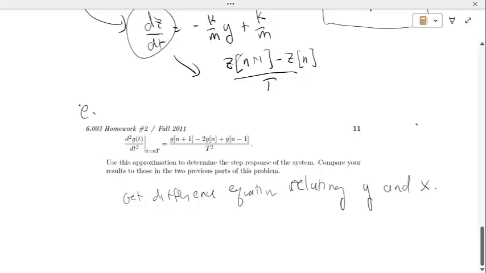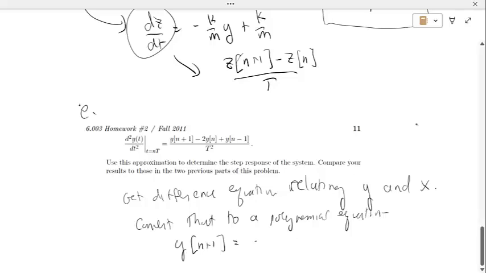Then what you want to do is convert that to a polynomial equation. And in fact, the way you do that is y of n plus 1 is equal to the delay of y, right?